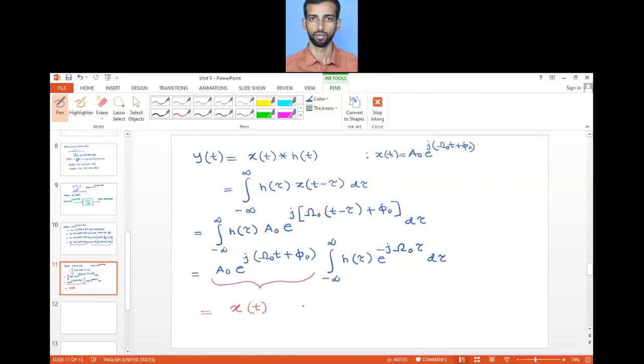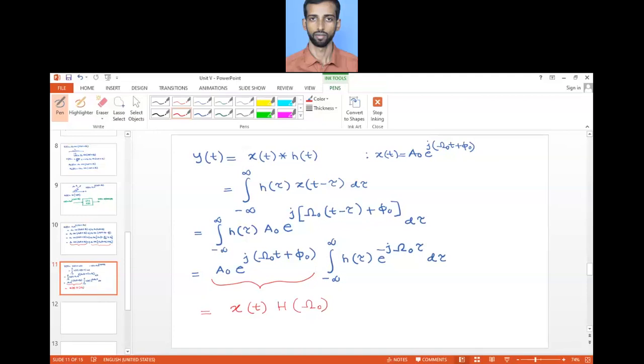If you have a different LTI system, you'll get a different expression depending upon the value of h of tau. So ultimately, this can be written as capital H of omega naught. And that's a very beautiful result that you have arrived at.